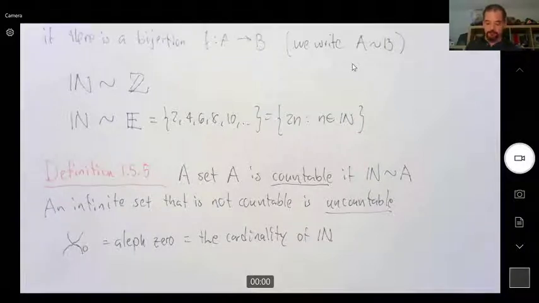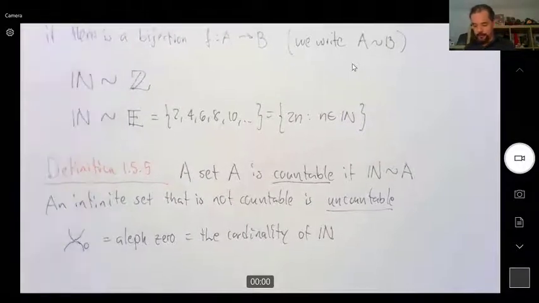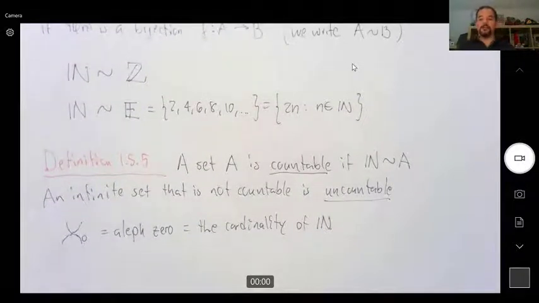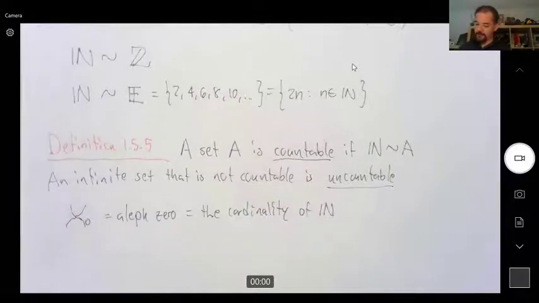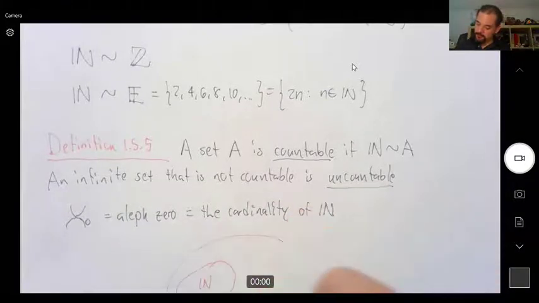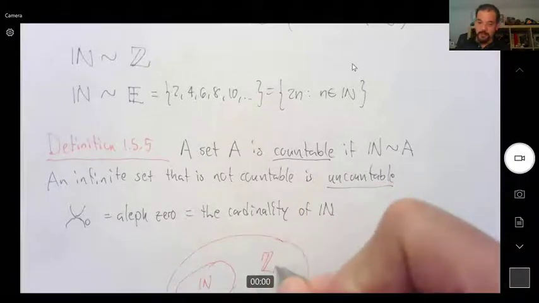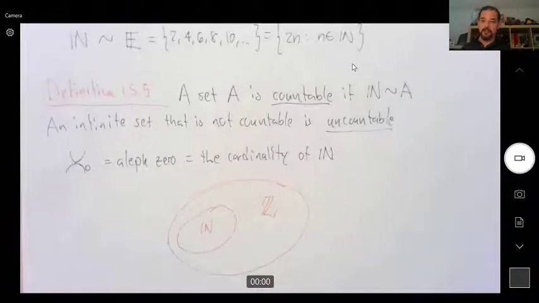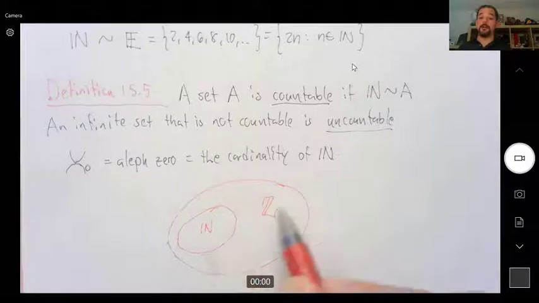Okay, so at this point, we already looked at some things that are intuitively weird about infinite sets. For instance, last class, we talked about how it's possible to have two sets where one is inside the other. The natural numbers are a subset of the integers, and yet they have the same cardinality.